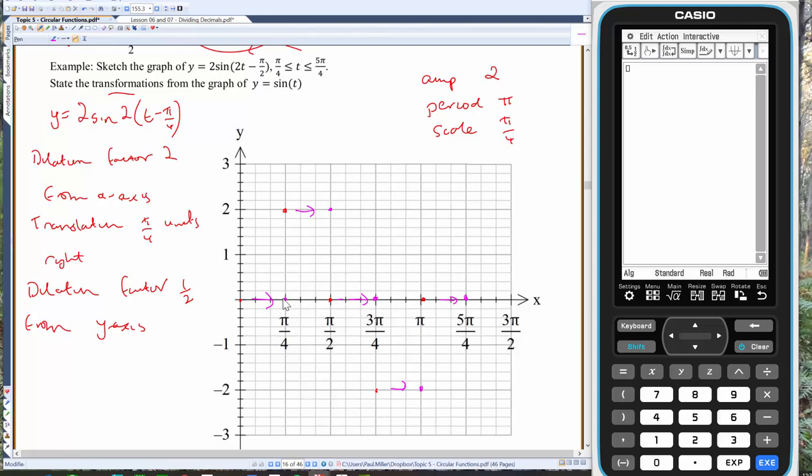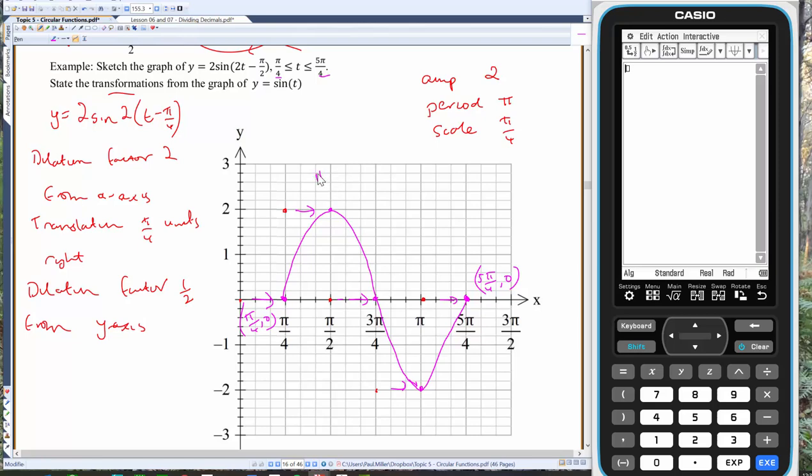Now what I do is I sketch my curve. So I just sketch the one cycle. Then I check the domain, which is pi on 4 to 5 pi on 4, and that's convenient. We've basically got that sketched. Okay, so pop in your endpoints, 5 pi on 4 comma 0, and pi on 4 comma 0, and your max and mins and your x-intercepts.